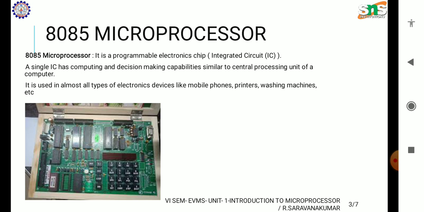Based on that pre-programmed data, we can achieve the expected values. It is a single integrated circuit with calculating and decision-making capabilities similar to the CPU of our computer. It is also used in all types of electronic devices like phones, printers, washing machines, fridges, etc.